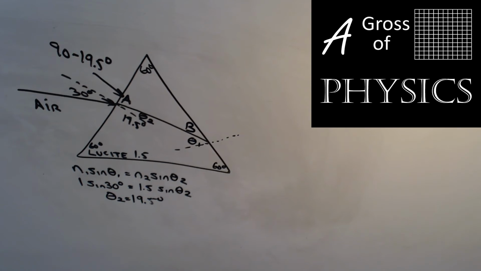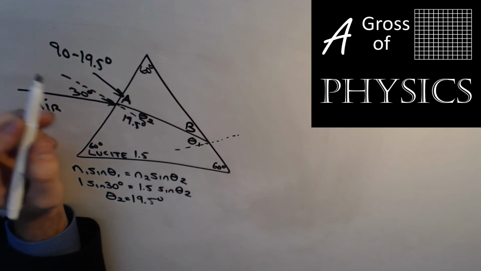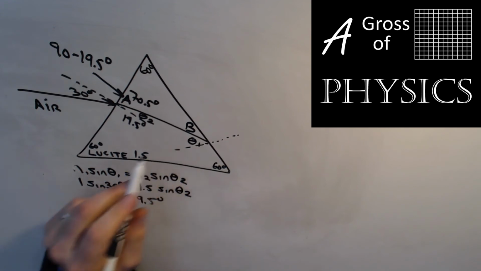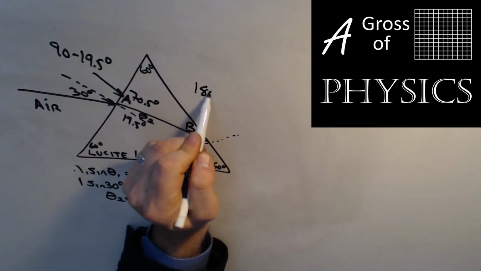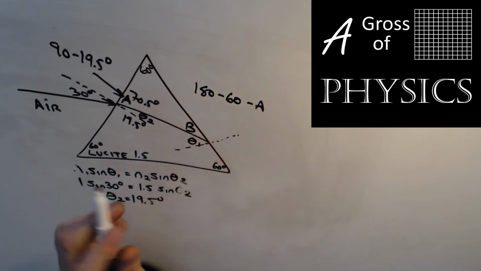90 minus answer, getting 70.53. Well, let's just do 70.5 since I rounded it already. 70.5 degrees. And then B is going to be 180 minus 60 minus A, which is 70.5.